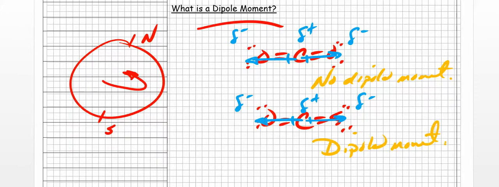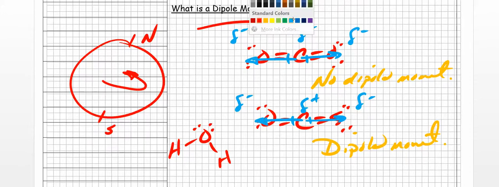All right, now let's do this. Let's take a look at a molecule that we're extremely familiar with and determine whether or not it has a dipole moment. That's this molecule right here, and it shouldn't come as a big shock that this is water, right? Remember that it is a bent molecule.